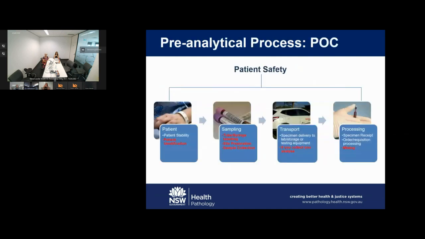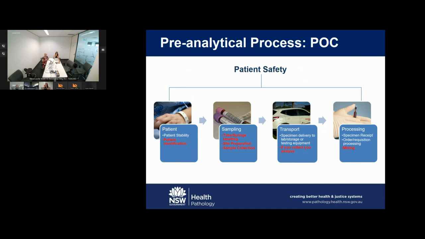So the pre-analytical processes that we're going to talk about today in the point of care space include 4 components. Patients and their stability and safety, and obviously that's around patient identification. The sampling and using the correct tube, preparing the site and making sure that the collection procedure is appropriate.